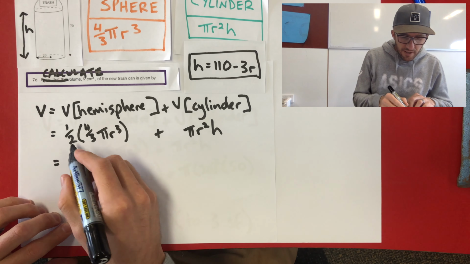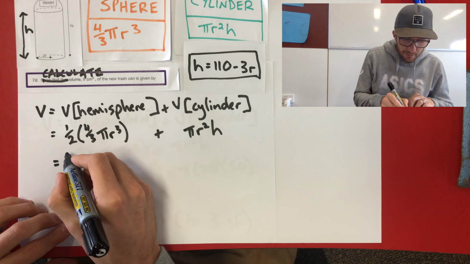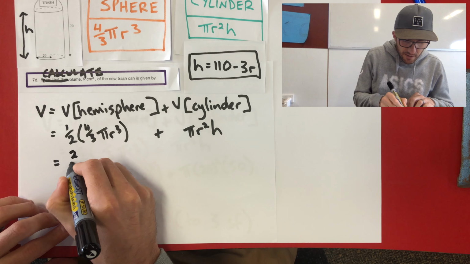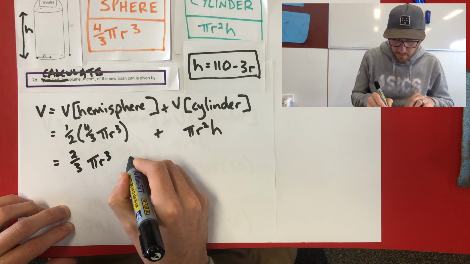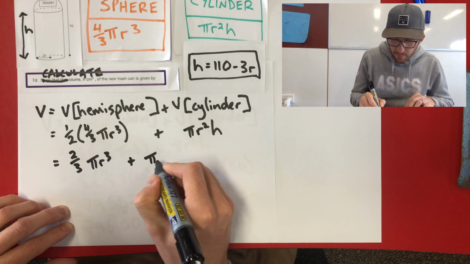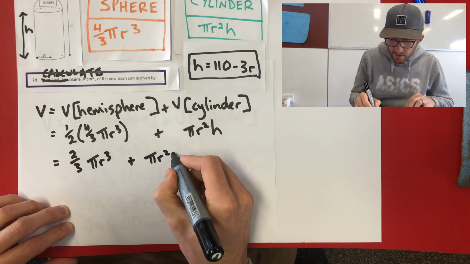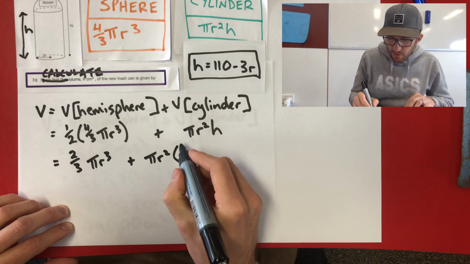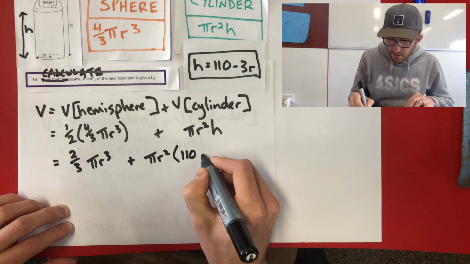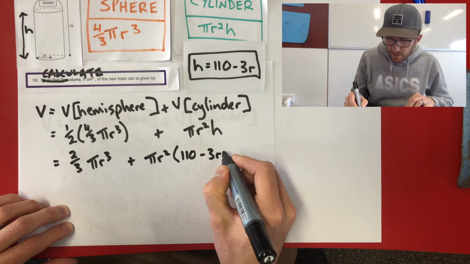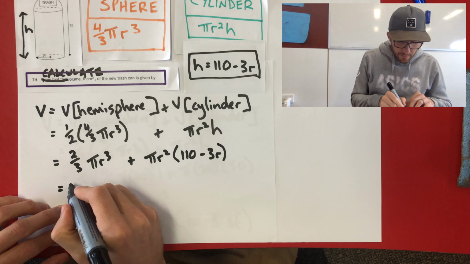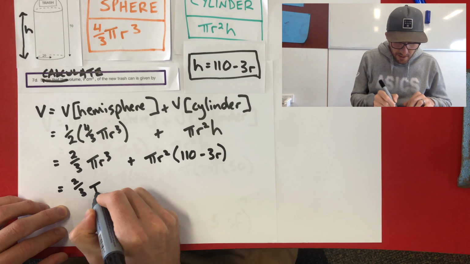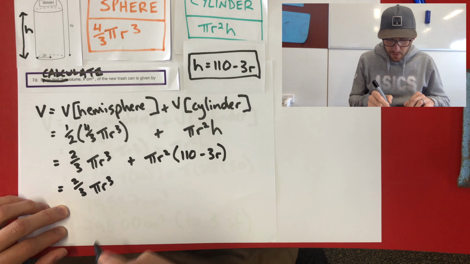You can do it in your calculator if you're not confident doing it in your head. So we've got 2/3 pi r cubed plus pi r squared, and then we substitute in 110 minus 3r. The first part stays the same, 2/3 pi r cubed.